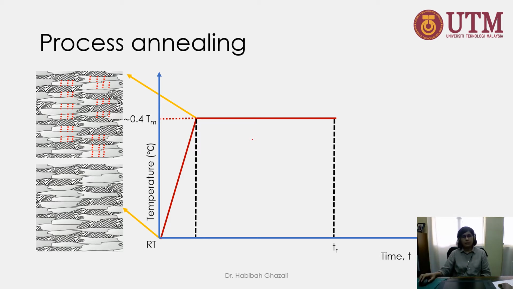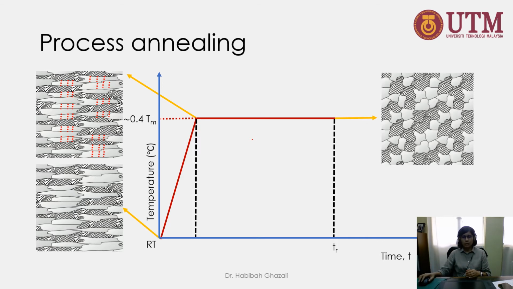After that, we will need to hold it at that temperature for a certain period of time, in which new nuclei, or seeds, will start to form at this position, where the dislocations are arranging themselves.